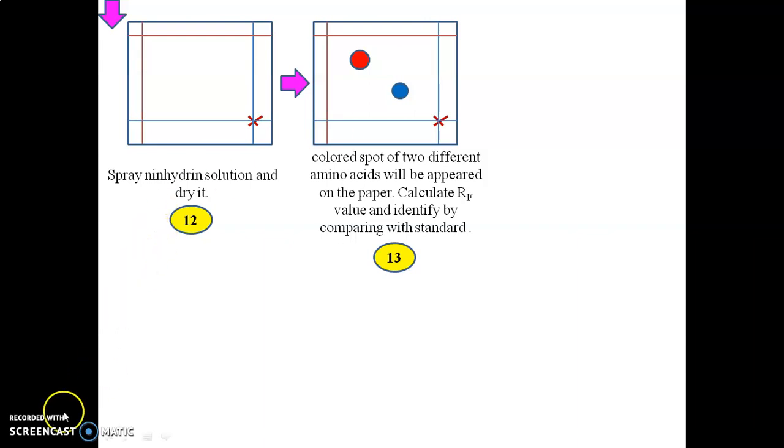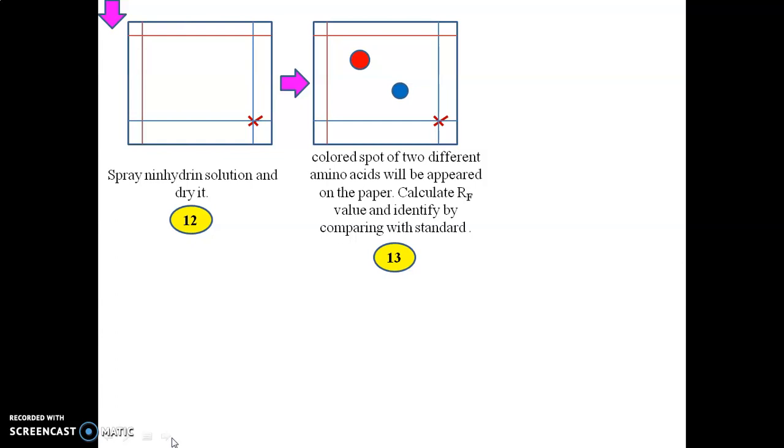Now the next step is evaluation of the chromatogram. There are two methods for the evaluation of the chromatogram. One is qualitative, where we determine the RF value and compare it with the standard one. The second is quantitative analysis. There are again two methods, the direct method and the indirect method. In the direct method, the quantitative determination is undertaken directly on the layer or on the paper.